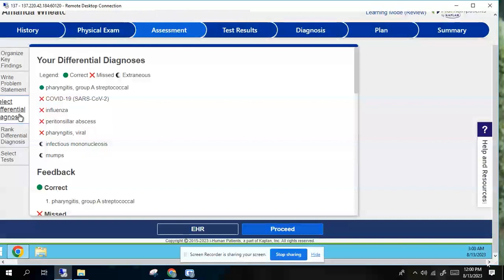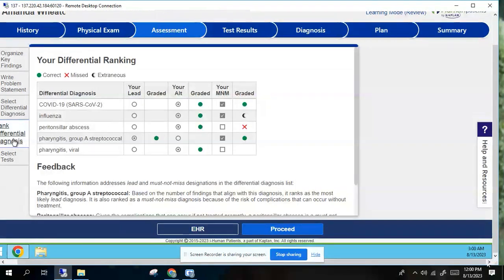So as per those symptoms, this patient can be suffering from any of these diseases: pharyngitis, COVID-19, influenza, peritonsillar abscess, pharyngitis, the viral version. Yes, so after doing that, then you move into ranking differentials.